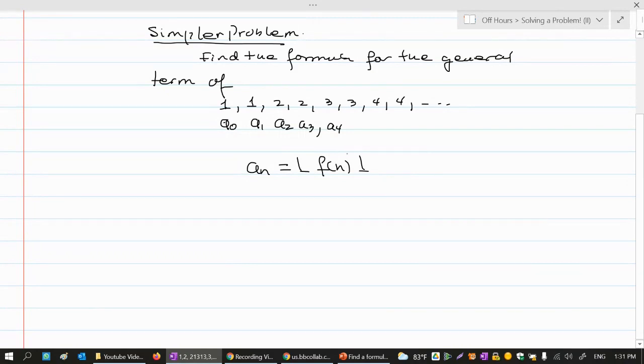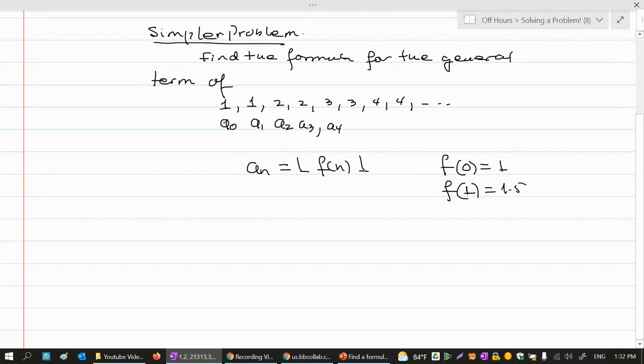According to what we need, one possible expression for f of n is the one that, when you evaluate at 0, you get 1. Among many other possibilities, this is one possibility: when you evaluate at 1, you get 1.5.